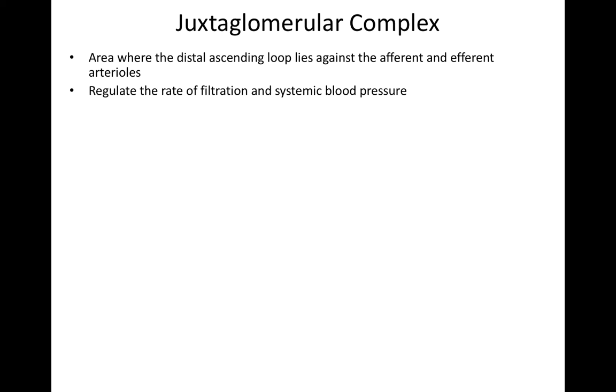This is where the kidneys are going to get involved in blood pressure. So we know that the kidneys are involved in this. We studied that role. We studied the renin-angiotensin-aldosterone system. So we know that that is going to come into play here. So this is where we get into that.